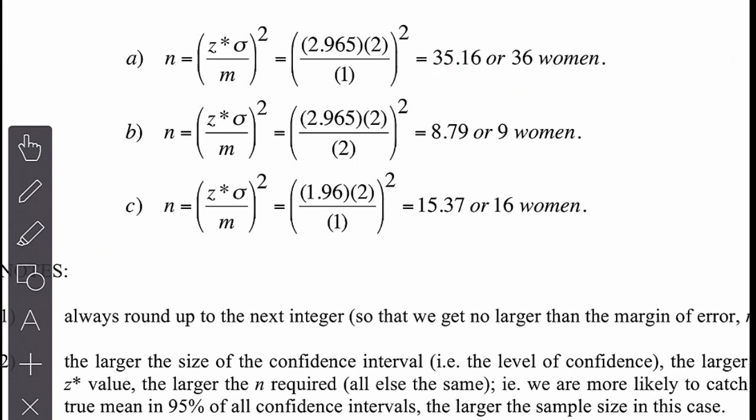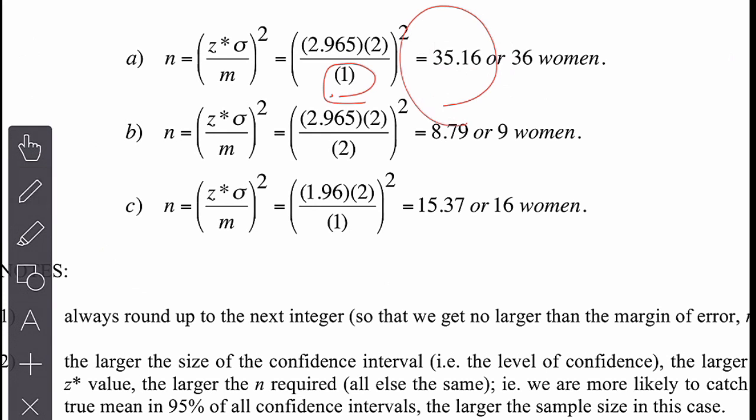And remember what I told you, it's 35.16, but because I want to maintain the precision of 1 as my margin of error, I don't want to exceed it, so I have to go all the way up, right? To keep m small, I have to add one more woman to my sample.